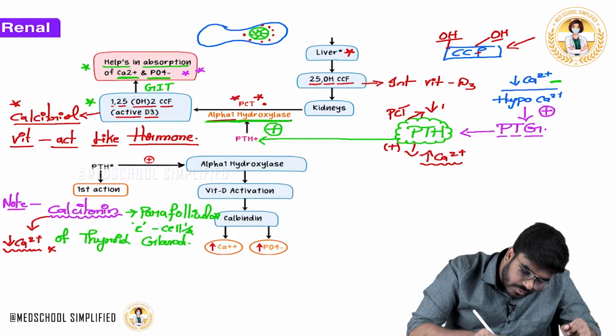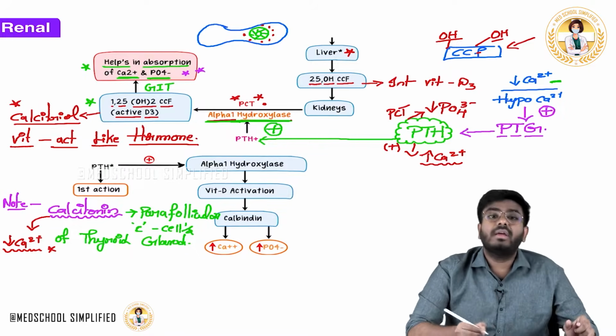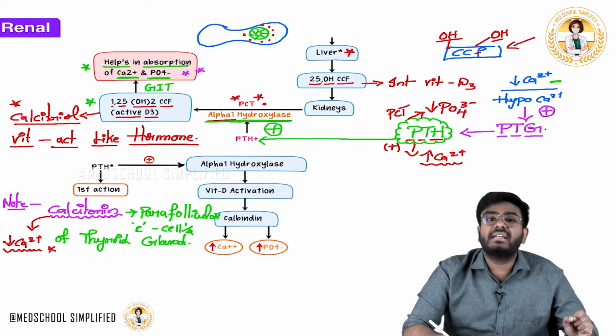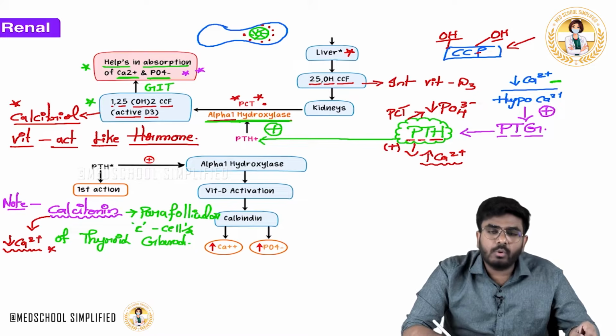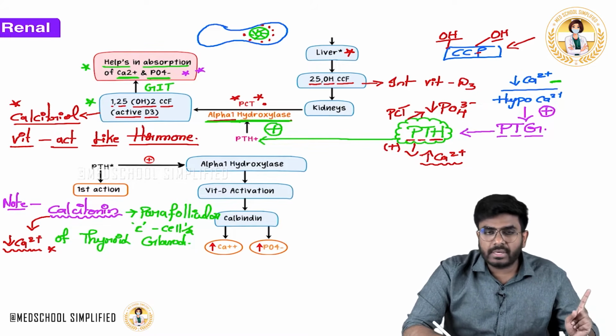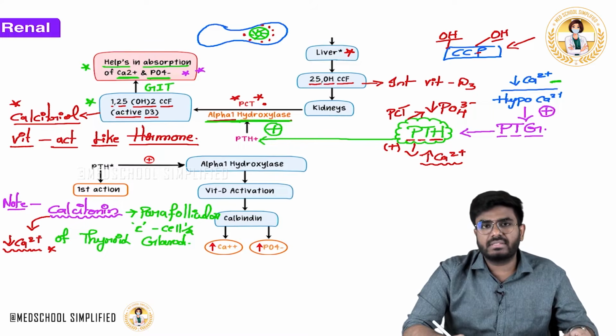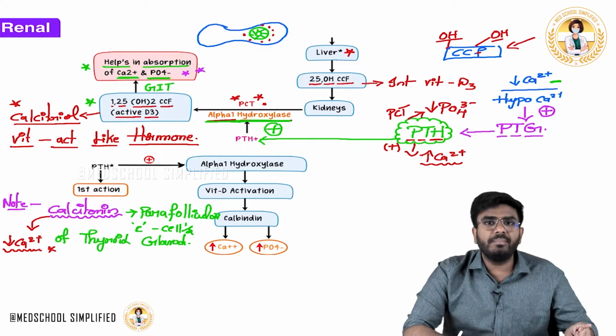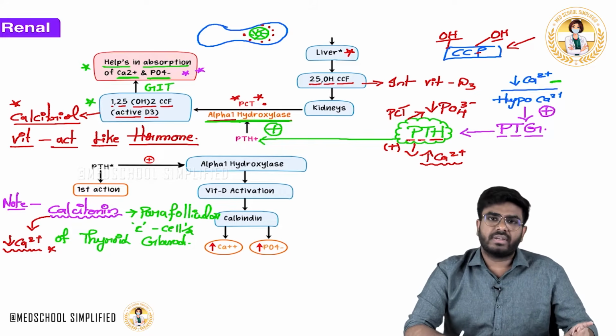It will decrease the reabsorption of phosphates. So remember, it is like a phosphate trashing hormone. Parathyroid hormone takes the phosphate out of the body, only increasing the blood calcium levels but decreasing the blood phosphate levels. But vitamin D increases both the calcium as well as phosphates.